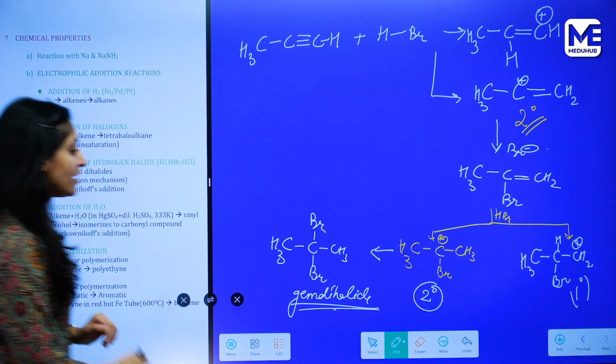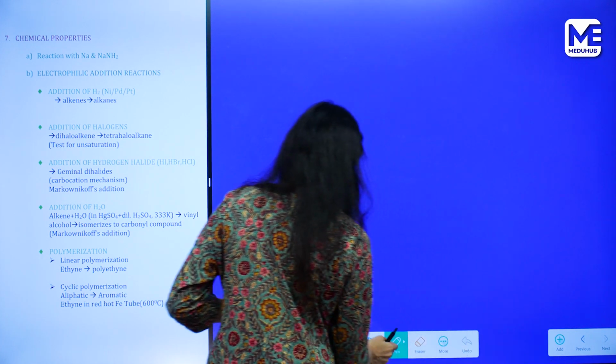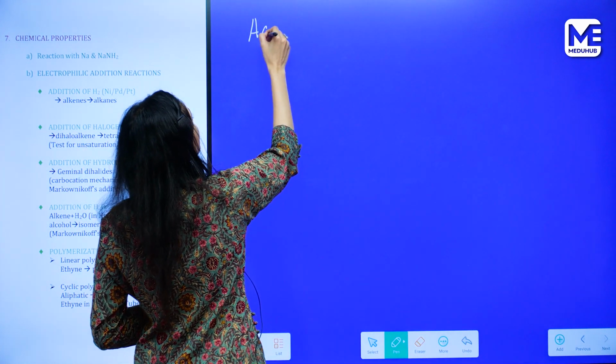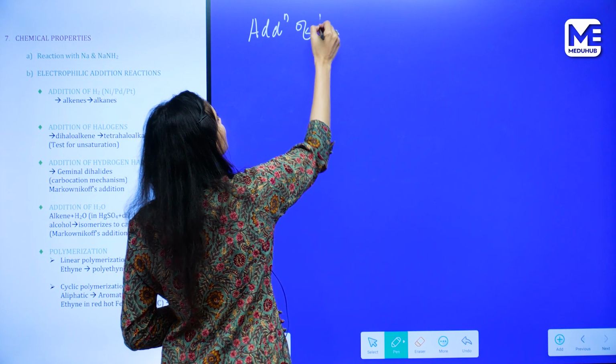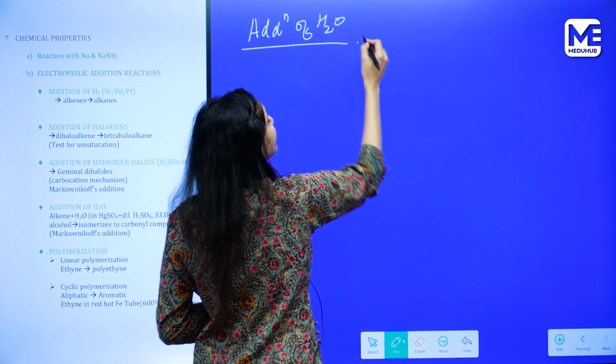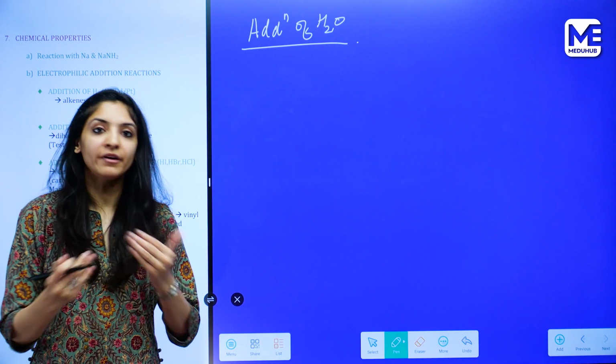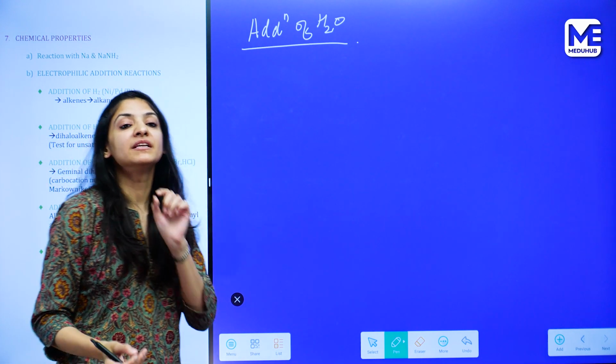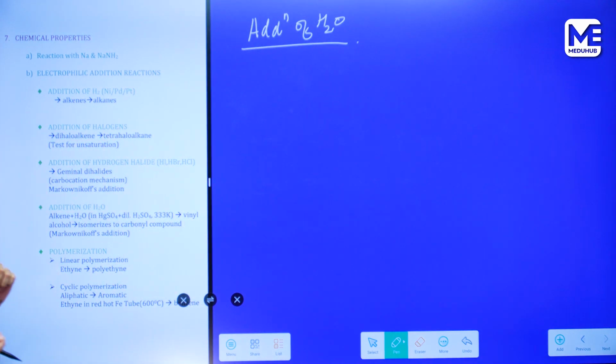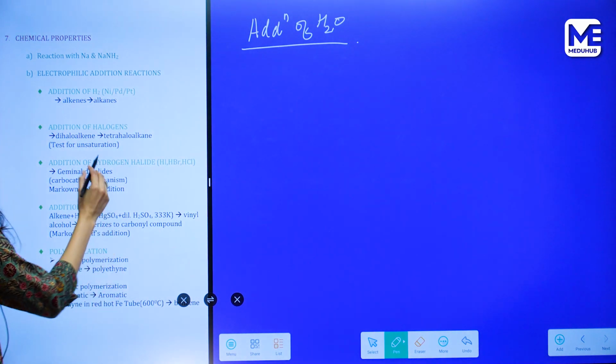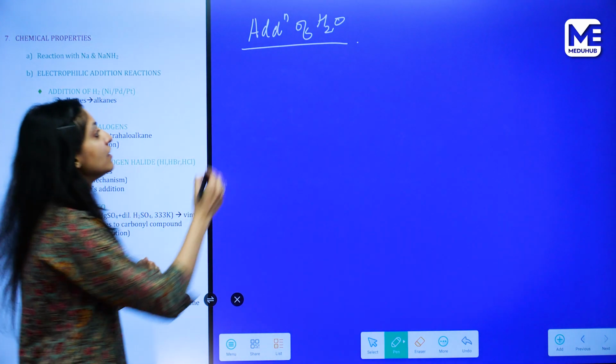The next reaction is addition of water. Now we have said that alkynes are insoluble in water, so they don't react with water. But what happens in the presence of dilute sulfuric acid and mercuric sulfate at 333 Kelvin?